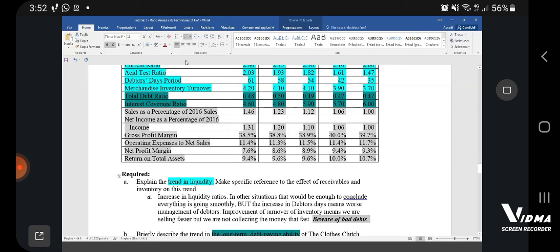Okay, can we do the same thing about the solvency? So again, you know that you have to combine together the results. We have basically only two indicators over here, the total debt and the interest coverage ratio.